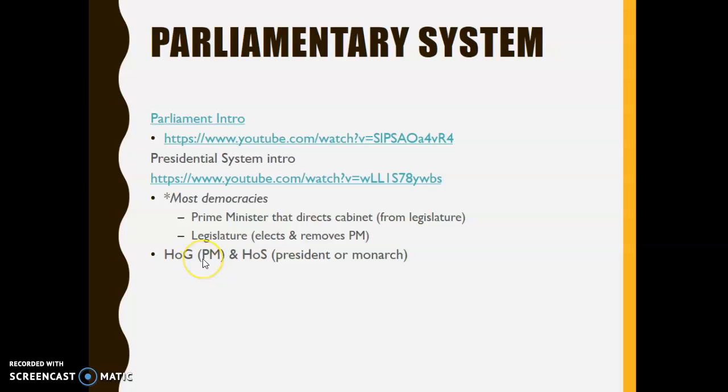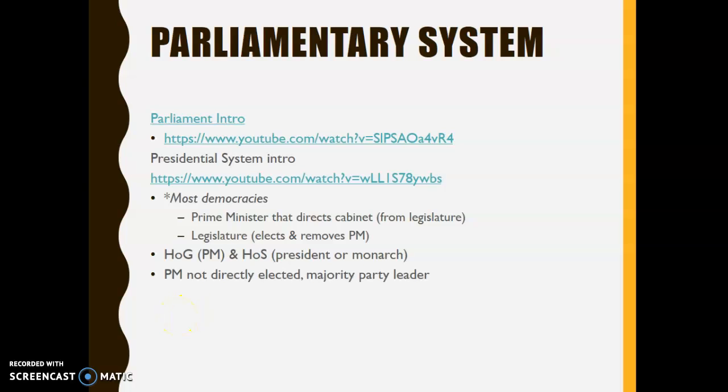And so he functions as the head of government. Well, sorry, I almost went wrong there. He can be a she, and in Britain, up until recently, was a she. So the prime minister is the head of government running the day-to-day operations, but not the head of state, because the head of state can be like a monarch.